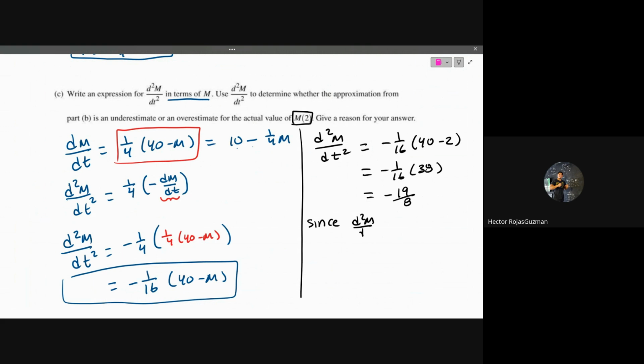Since the second derivative is negative, that means that m is concave down.